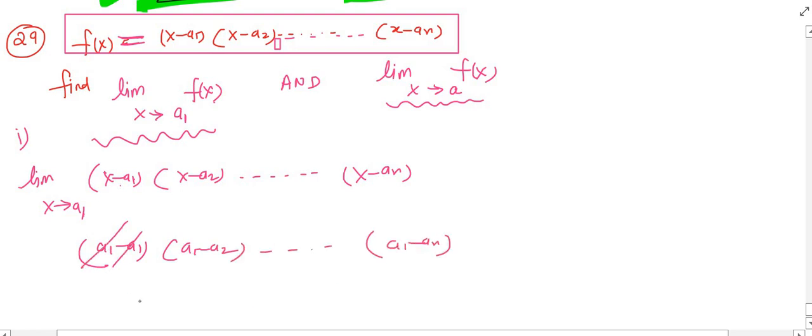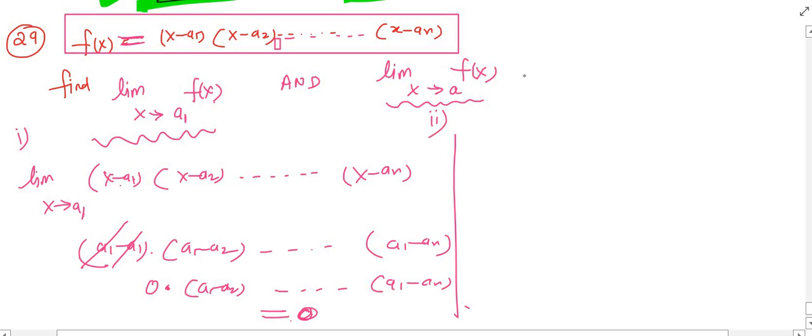See here, a1 minus a1 cancels, which is nothing but 0. So 0 into a1 minus a2 and a1 minus an. So final answer is 0 because 0 into anything is 0. First part is done.